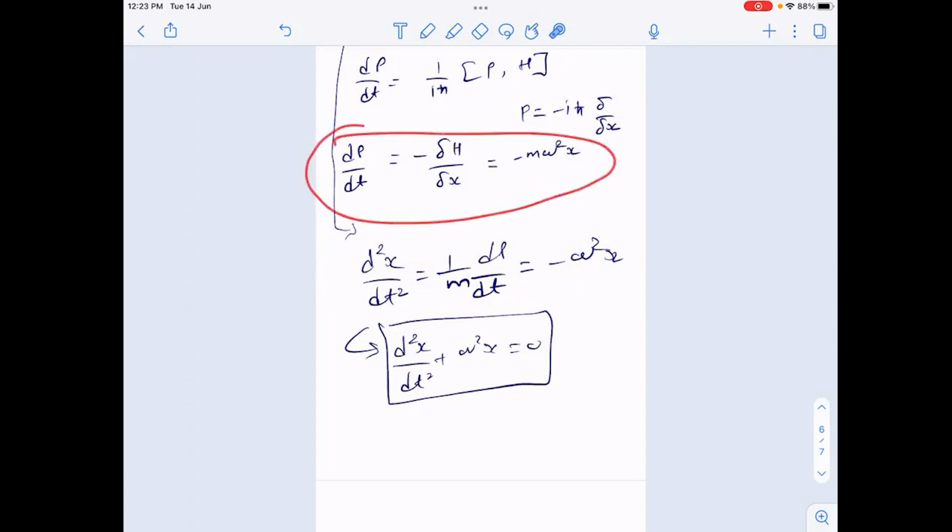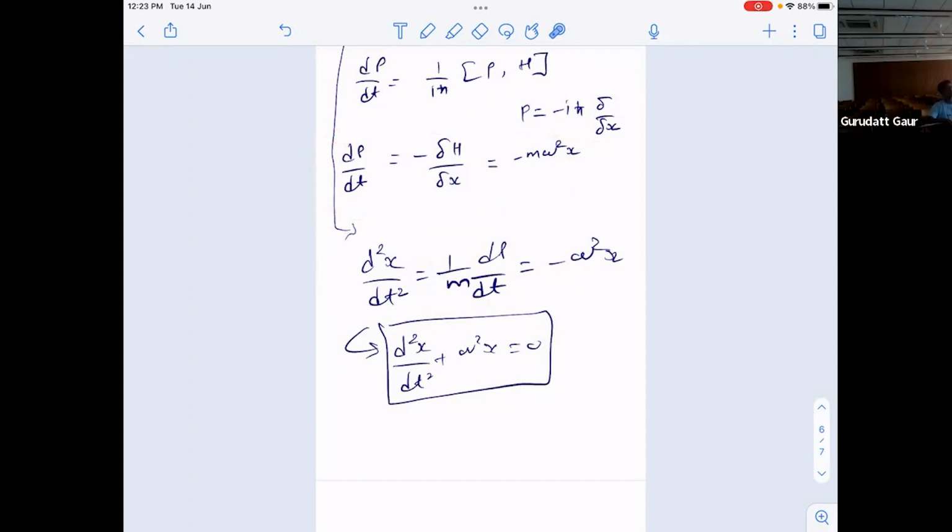From the commutator of p and h, we get del h by del x by using the operator correspondence. Can you speak closer to the mic? There is some disturbance coming in between. Using operator correspondence, we can't get minus del h by del x. What we will get? I'm not sure about that, sir.